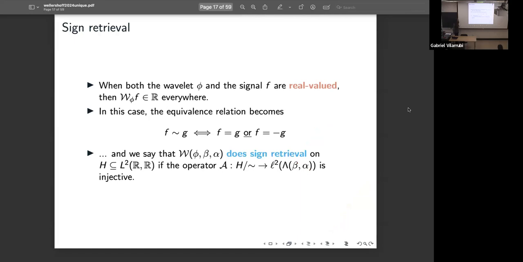Okay, so the mandatory definition of the phrase doing sign retrieval is just, in a real valued case, if you do phase retrieval, we'll also say we do sign retrieval, just in order to not sound self-important, let's say. So it's technically okay to say that you're doing phase retrieval, but we're going to say we do sign retrieval. Okay, so that's the introduction to phase retrieval or sign retrieval.